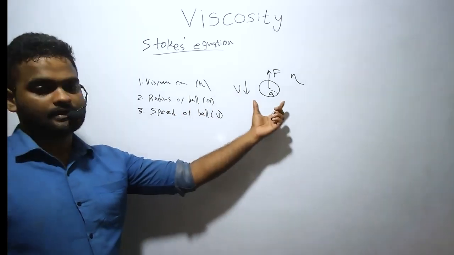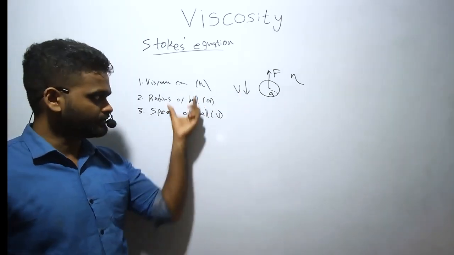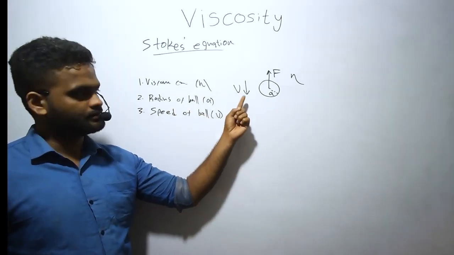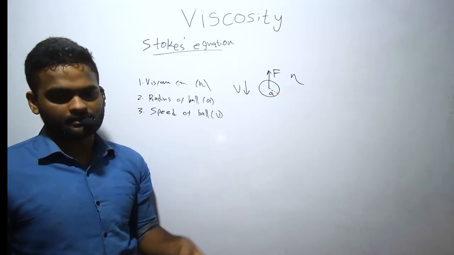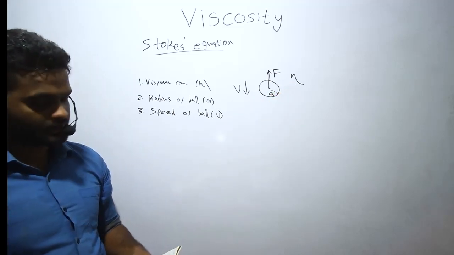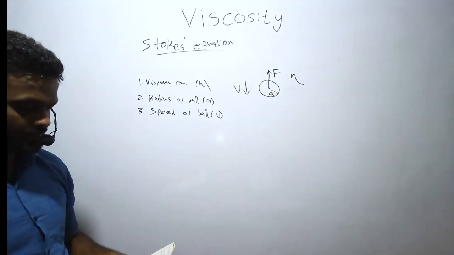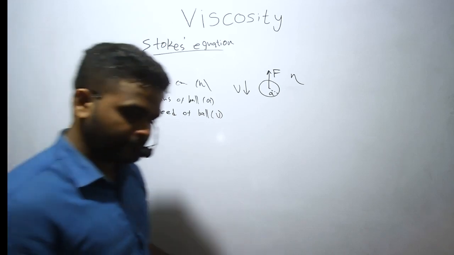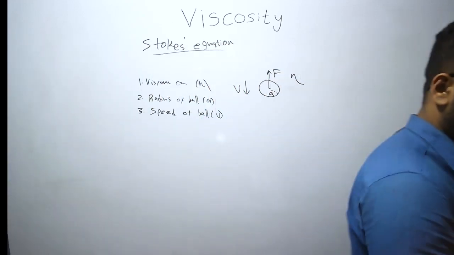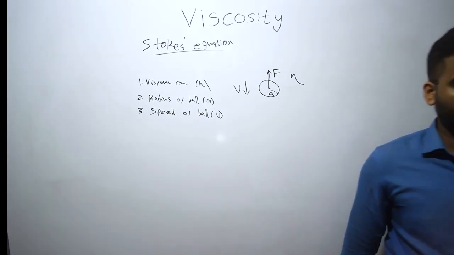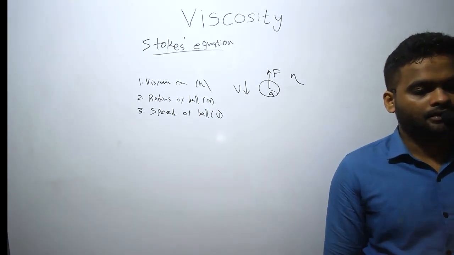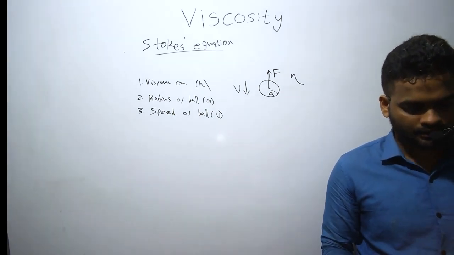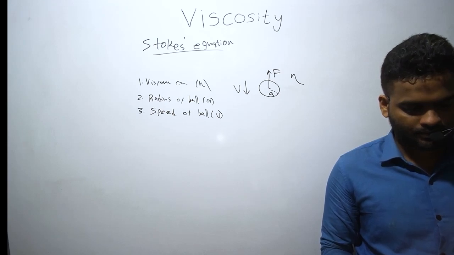In front of these three, draw this: v, a, and eta, right? Done.